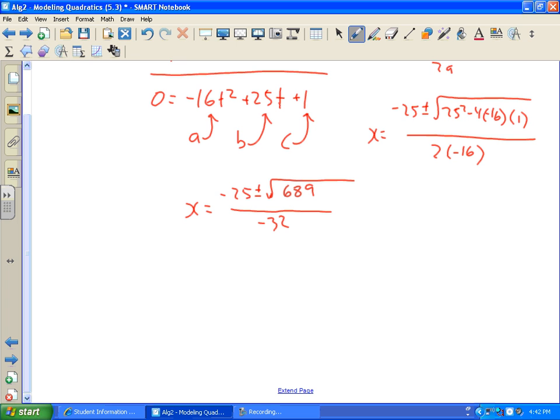I'm going to tell you that the square root of 689 comes out to be about 26.25 if you just round it. So you can test that in your calculator, make sure you're okay with how I found that. And we've got x equals negative 25 plus or minus 26.25, and that's all going to be over negative 32.